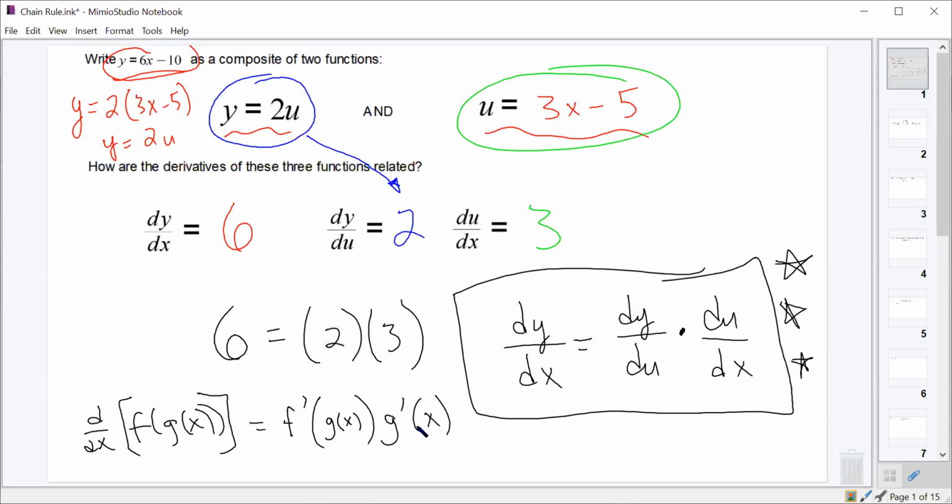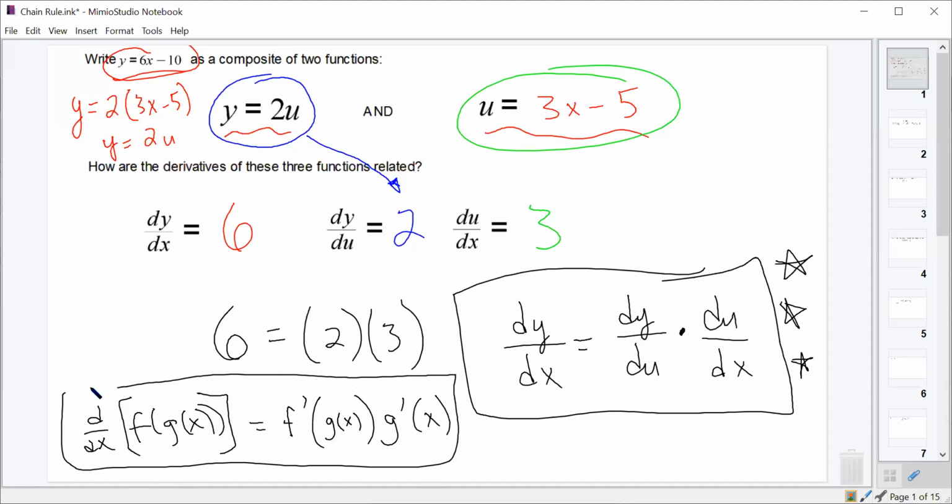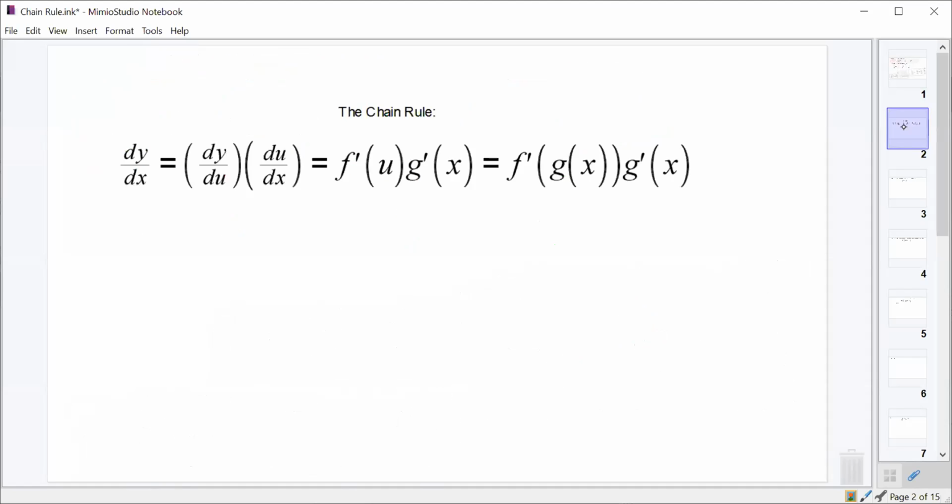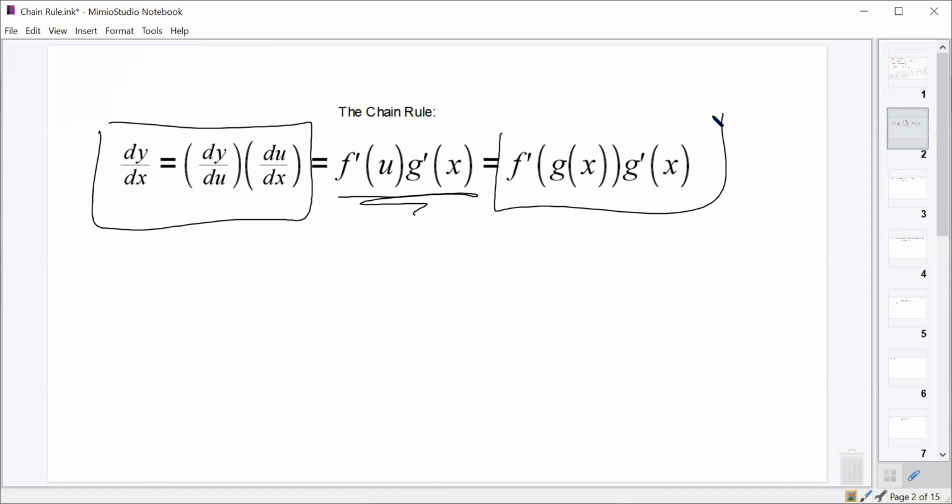And that's what we've got here, right? Our outer function is y, and we're taking the derivative of y and evaluating it at u, which is the inner function, and then we're taking the derivative of u. So either way you write it, each of these things is called the chain rule. Here they are, right? And there's this other one in the middle. You're not going to really need to worry about that one so much. But the derivative using the chain rule is dy du times du dx, or it's f prime of g times g prime.